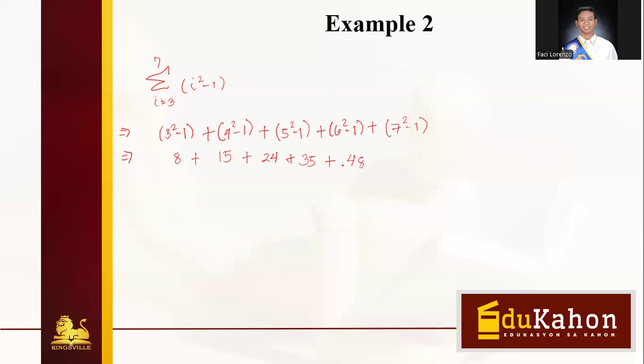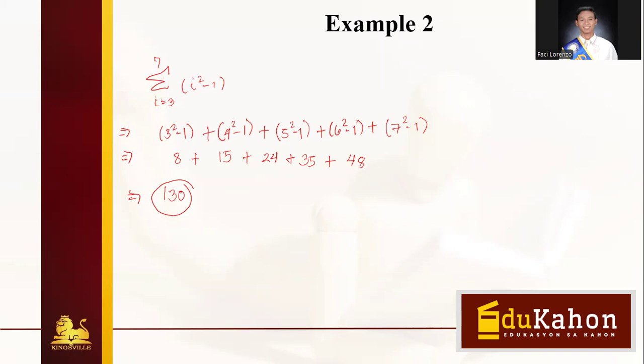And if we try to add the following by simplifying this one, 8 plus 15 plus 24 plus 35 plus 48 is just equal to 130. So this is the value of the summation of i squared minus 1 from i is equal to 3 up to 7, having a value of 130.